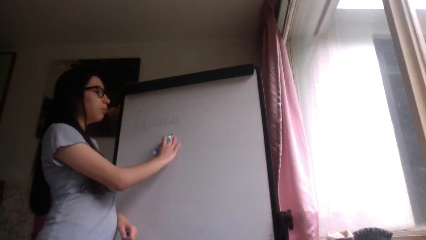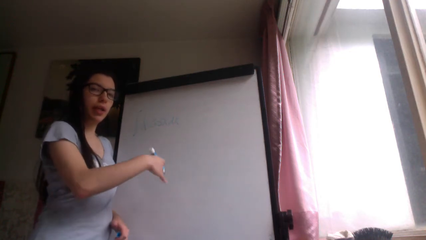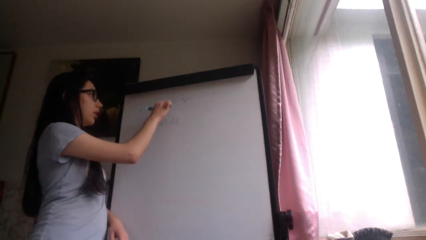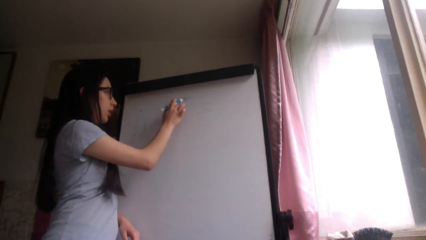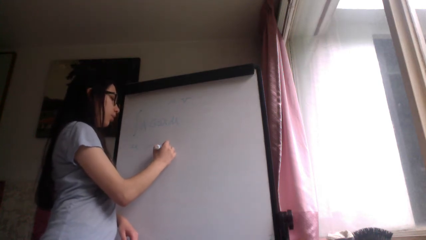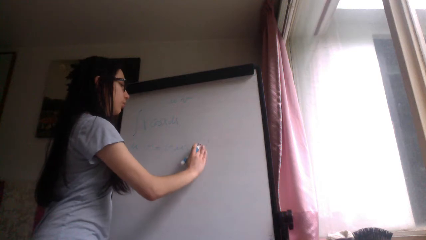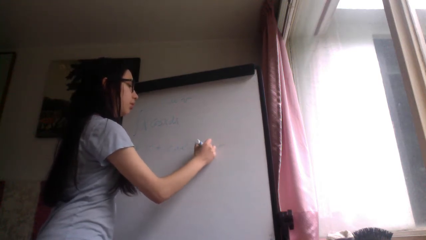So integration by parts is kind of the reverse of the product rule. Let's say that we have the functions u and v. Let's take the derivative: it's the derivative of this times this, so u times v prime, or dv/dt, plus this times the derivative of the first one, so v times u prime.